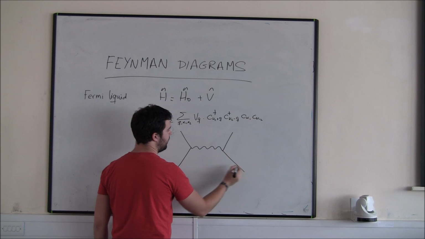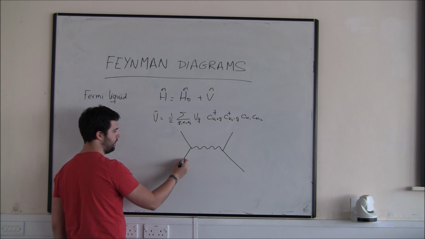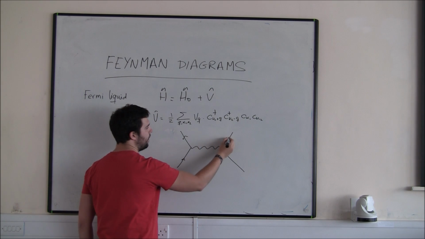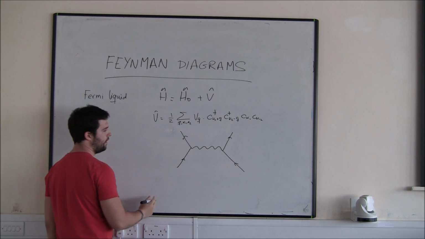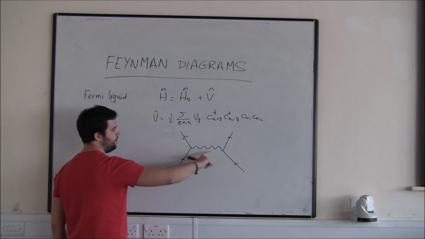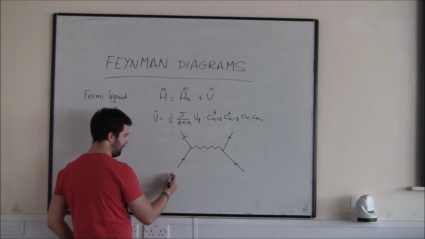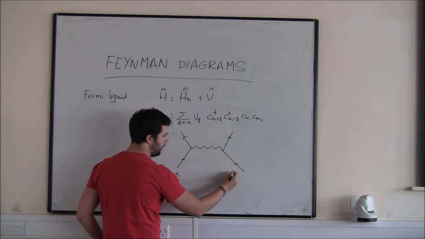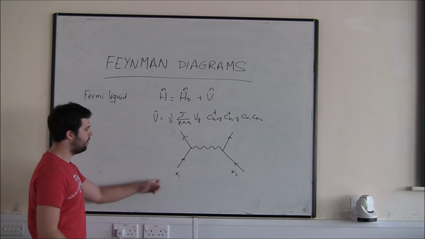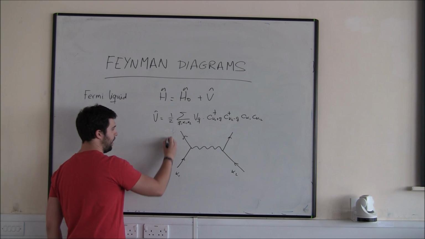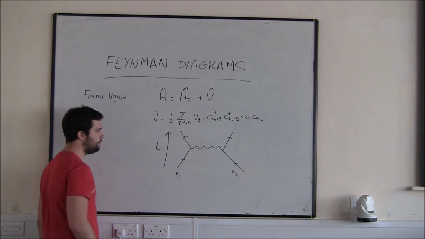You've probably seen that before, it's quite a common Feynman diagram where two particles interact by an interchange of a particle. So we have a particle with K1 and another particle with K2 coming in, and time is running up in this picture.